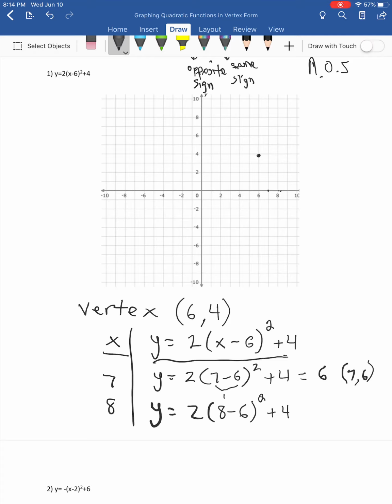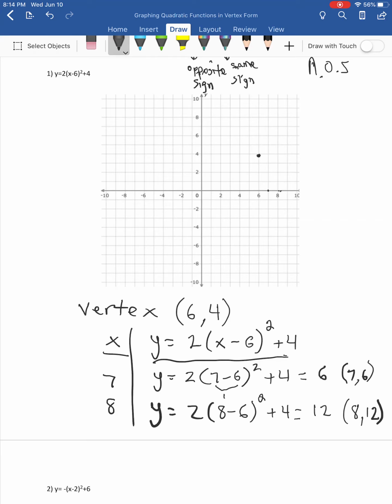So that's 2 squared, 4, times 2 is 8, plus 4, it's going to be 12. So we're actually going to go off the graph a little bit, but that's fine. So we have the point (8, 12).